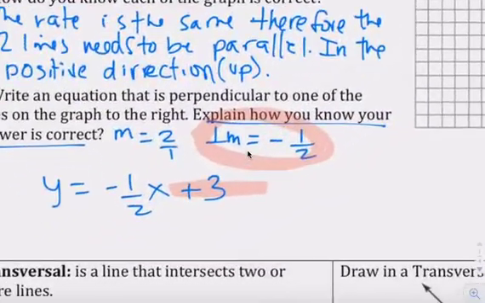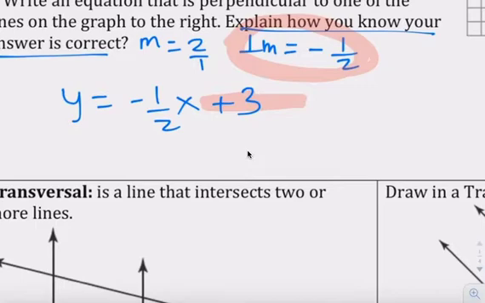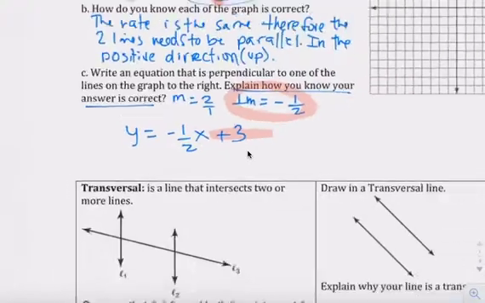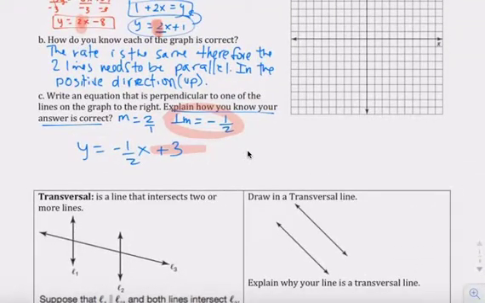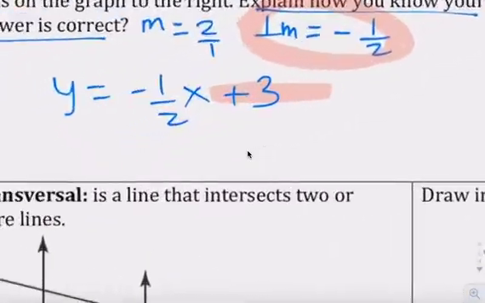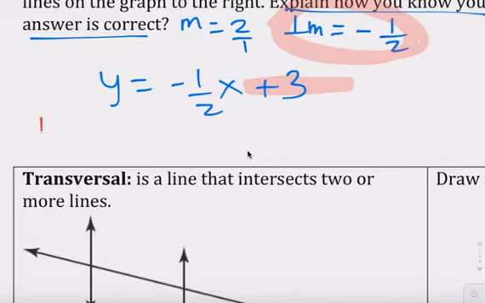My answer is correct because the rate of change is opposite and reciprocal of the original rate of change, which is 2.